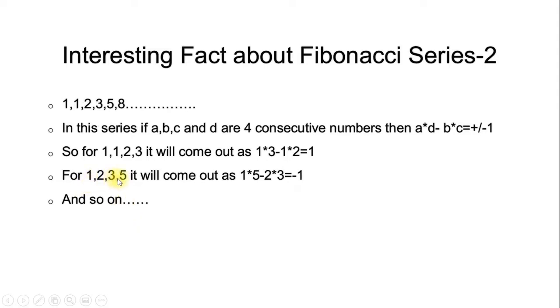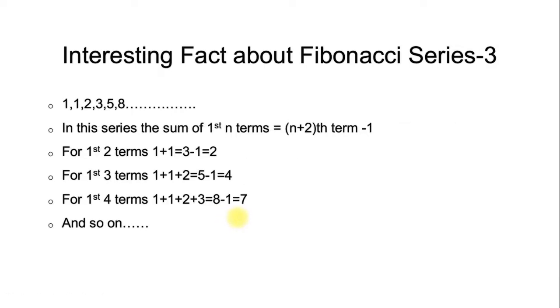Similarly, for the next four consecutive numbers 1, 2, 3, 5, it is 1 into 5 minus 2 into 3 equals minus 1, and it goes on like that. Let's go to the next property.